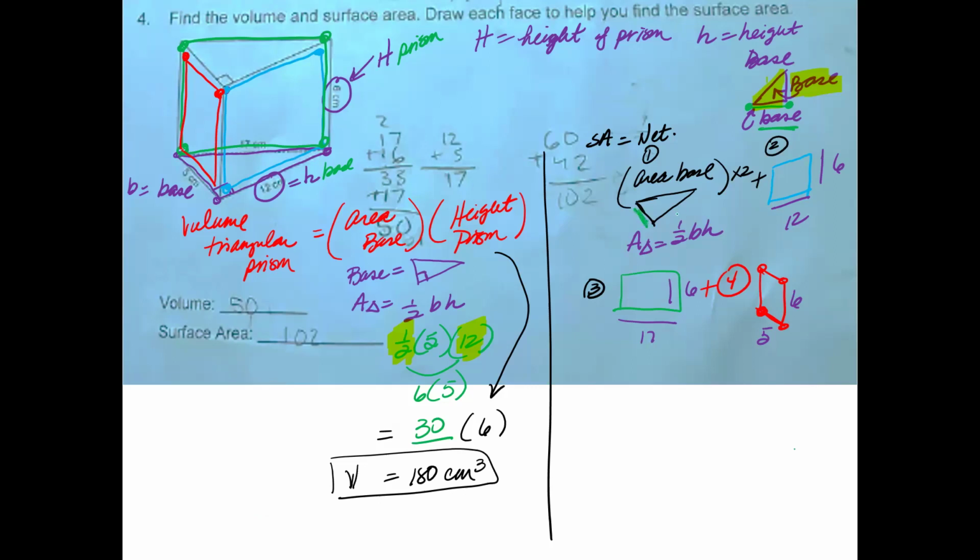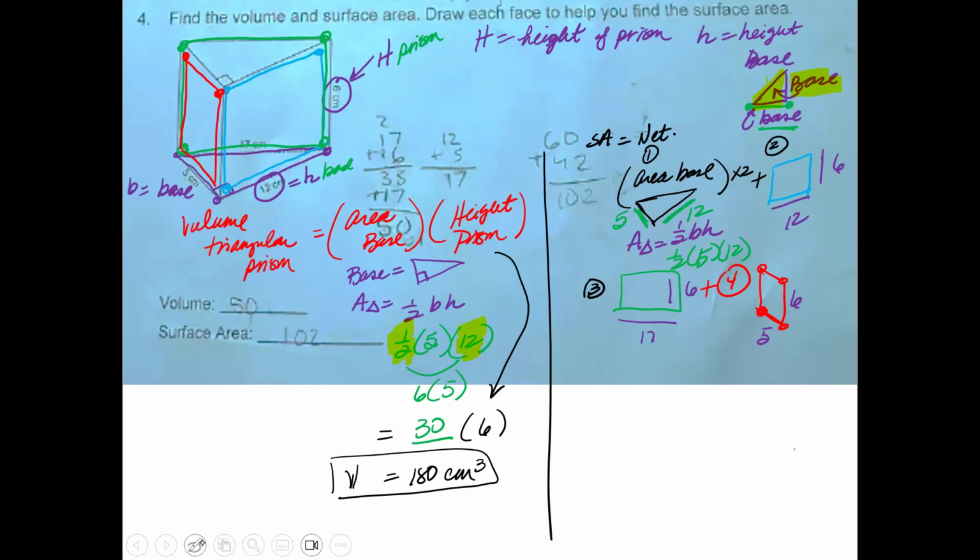This will be the base right here. That will be the height. So what are the two numbers? Look at the purple triangle. Two numbers there. Think of it flat. Good. So then 1/2, 5 times 12, right?